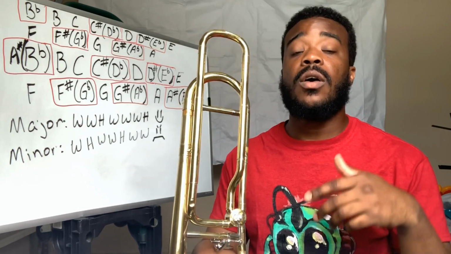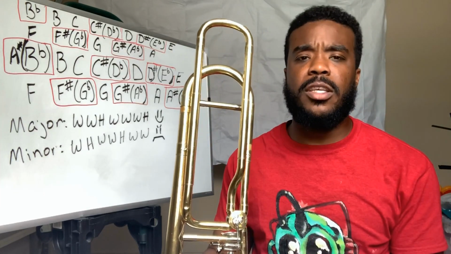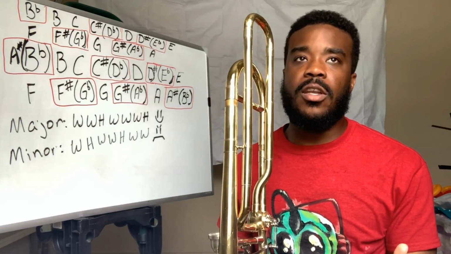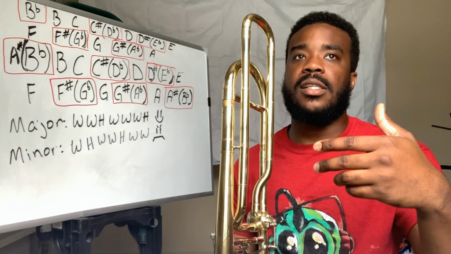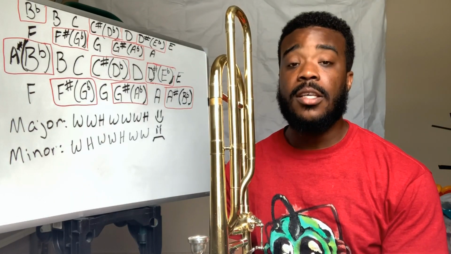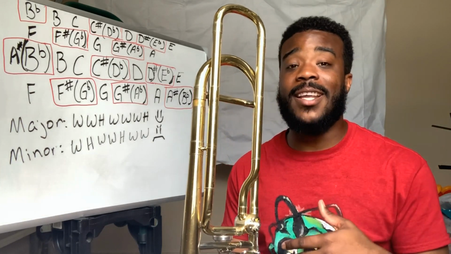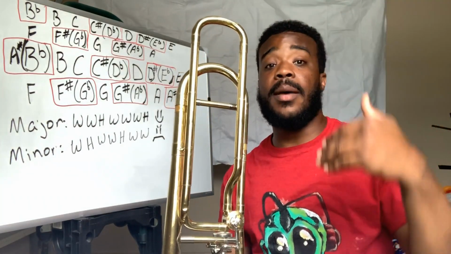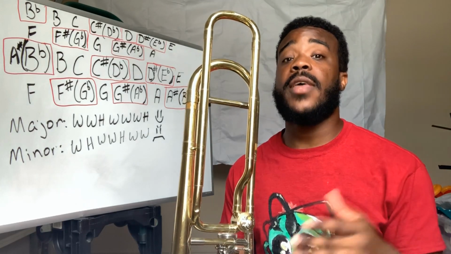All right. So in the comment section, tell me what you think about the chromatic scale, how you can actually visualize what a chromatic scale sounds like. In my mind, like I said, a chromatic scale might sound like I'm walking up a flight of stairs and then I'm coming right back down. All right. So that's the chromatic scale.